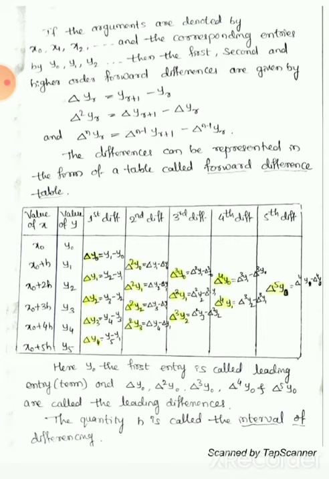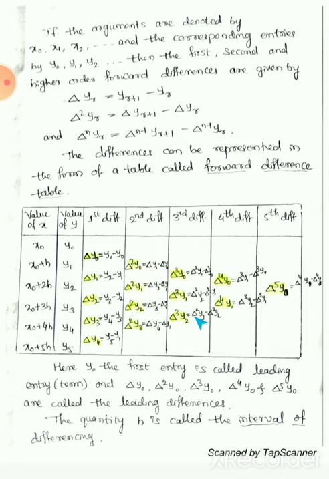Similarly, you can calculate the third difference. Here you will get only 3 values. Meaning, if you have 4 second differences, in the third difference you will get only 3 numbers. Then del cube y naught equal to del square y1 minus del square y naught.